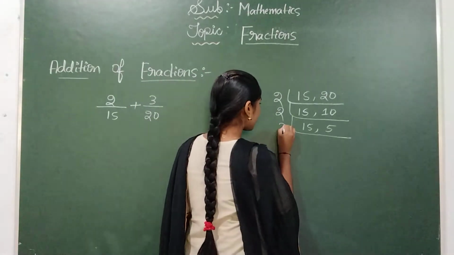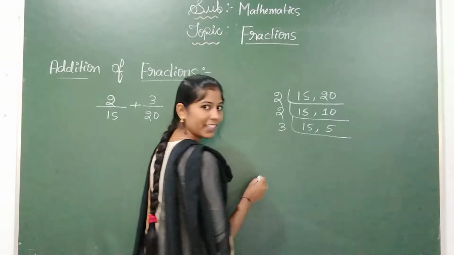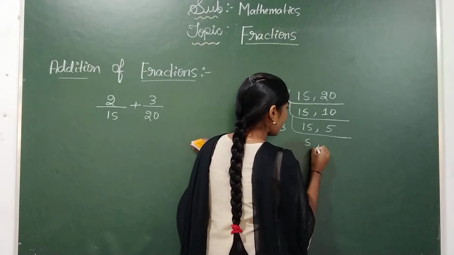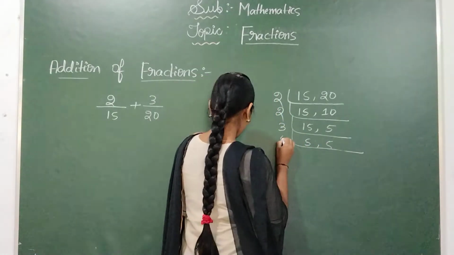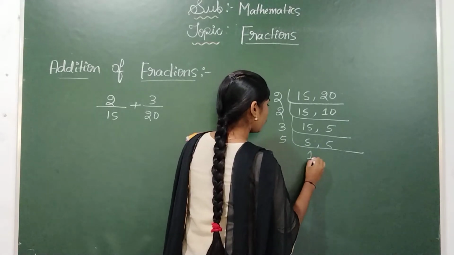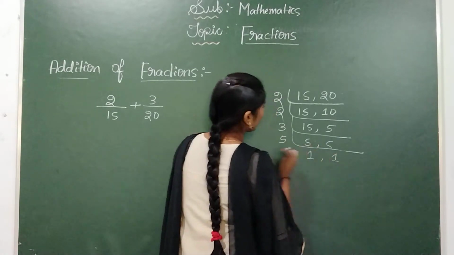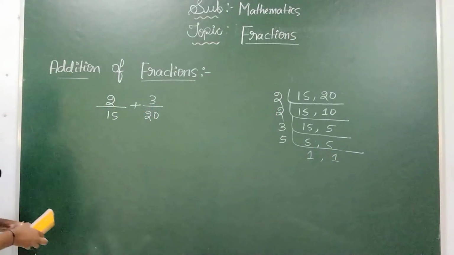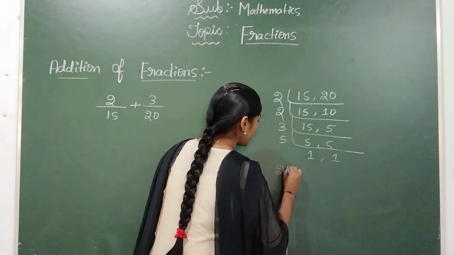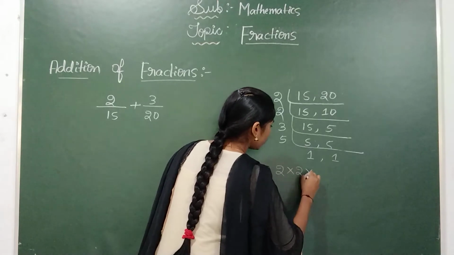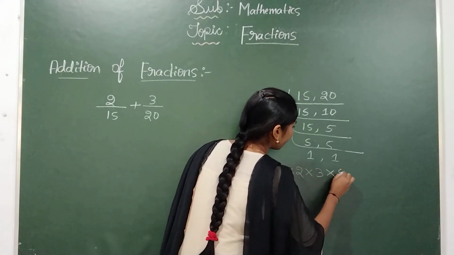Next prime number is 3: 3 fives are 15, and 5 as it is. Next, it is divisible by 5: 5 into 1 and 5 into 1. The prime factorization is 2 into 2 into 3 into 5.